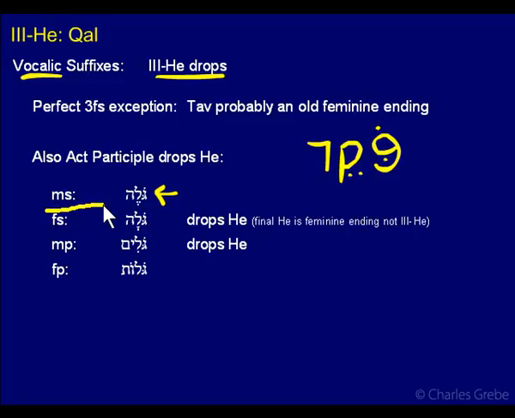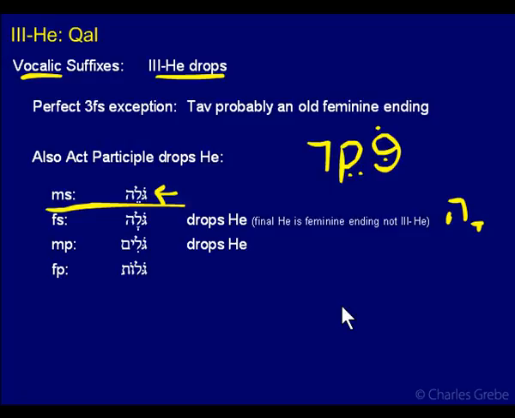But these forms all have endings. And the endings are a, so kametz hey, or im, or ot. And all of those start with a vowel, and in fact the hey drops in all of them. This hey here is not the third hey of gala, of the root. What this is, is the hey ending of the feminine singular, the a ending that always goes on a feminine singular.